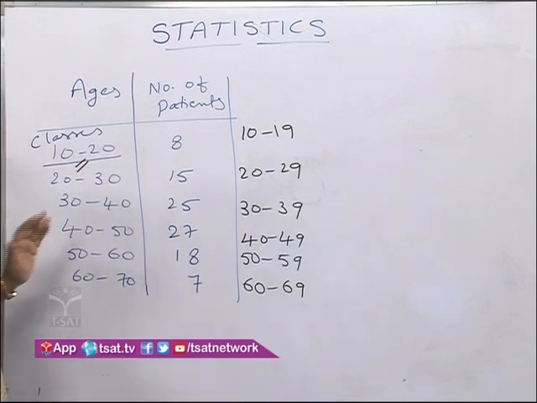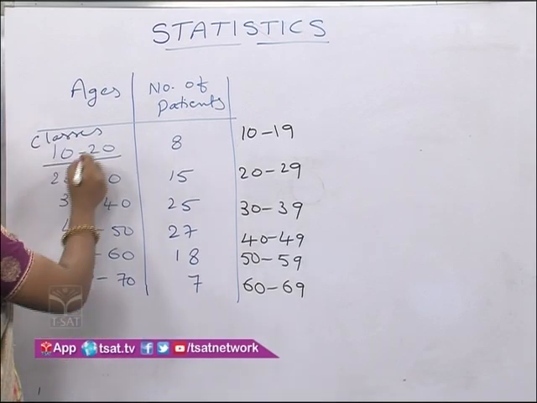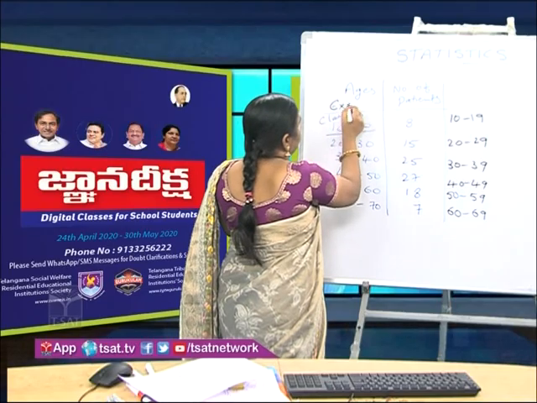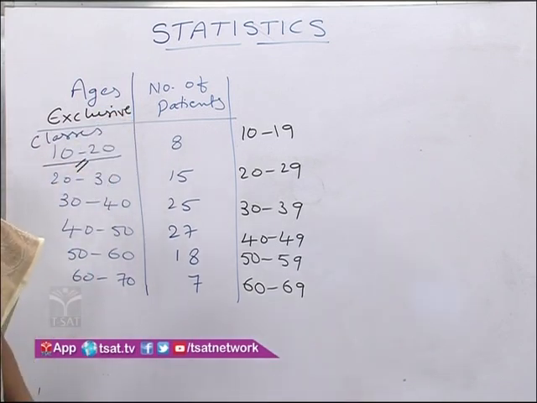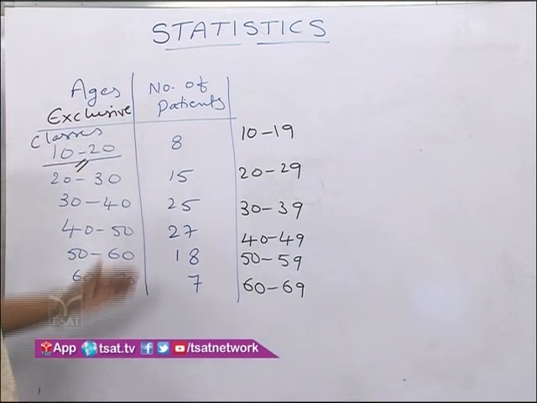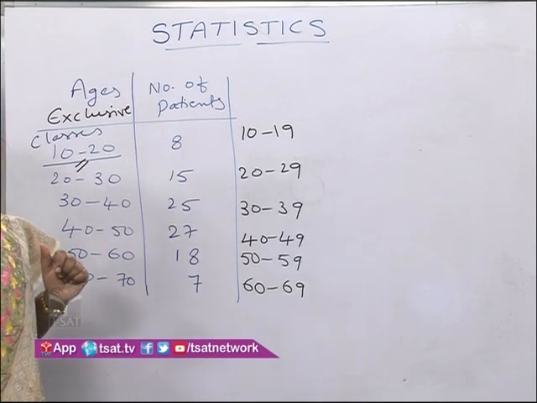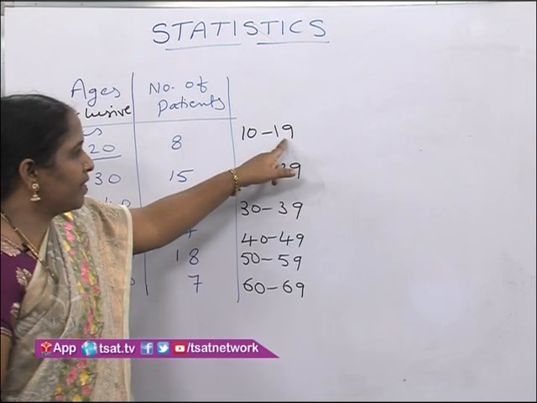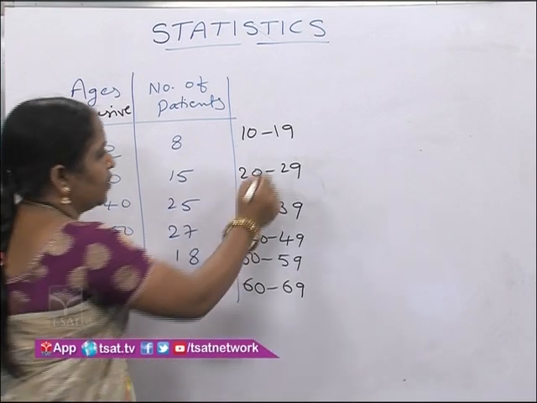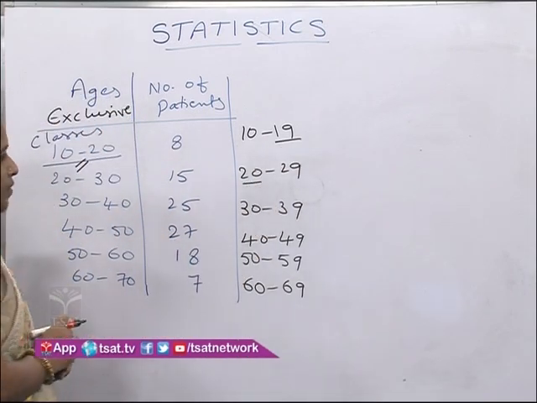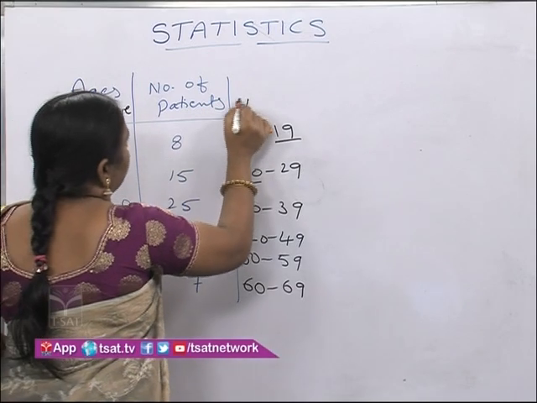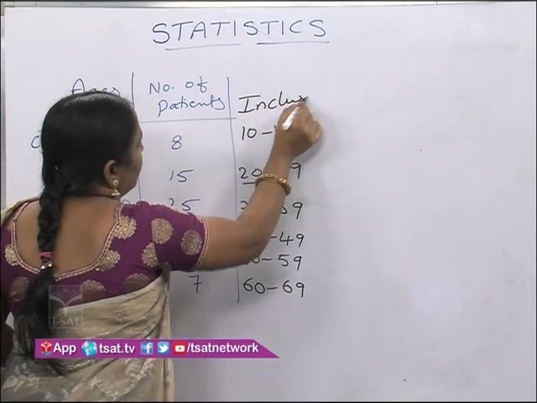So, this type of classes are called exclusive classes. And when you look at this type of grouping, the upper limit of the first class is 19 and the lower limit of the second class is 20. They are not equal. So, this kind of classes are called inclusive classes.